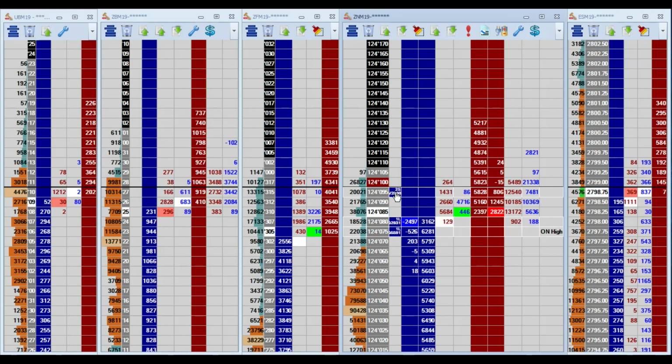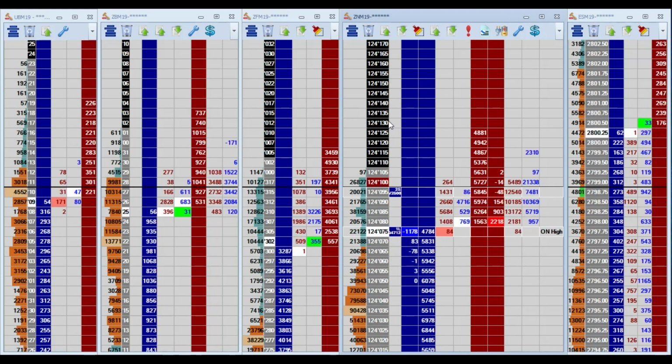Pulled my stop loss up. I'm trying to lock in these contracts. I got one contract at 09.5 and then another one at 10 even. So I get one tick on one contract and break even on the other. Okay, so we're just down to the one contract now.